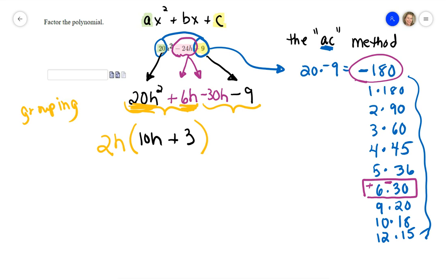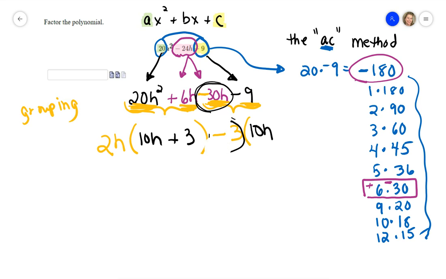Now, on the back half, these two terms, I've got a negative 30h and a negative 9. Whatever sign is right here, that's what you're going to factor out. So I'm going to factor out a negative 3. That's all I can pull out. If you take a negative 30h and divide it by a negative 3, a negative divided by a negative is going to make it a positive 10h.